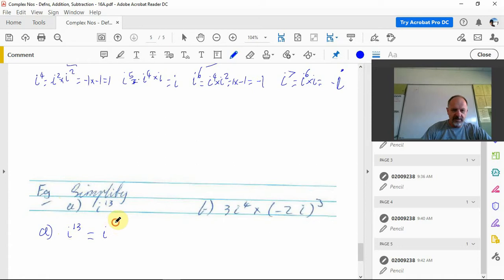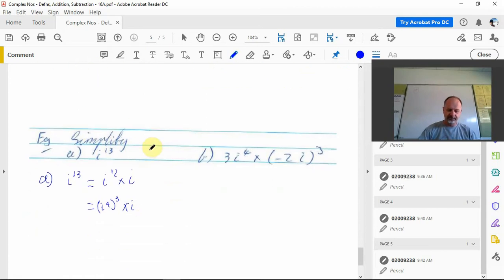Well, if we go i to the 12 times i, then the i to the 12, we know from here that i to the 4 is 1, and 4 3s are 12, so i to the 4 to the power of 3, again using one of those index laws in reverse. And so i to the 4 is 1, so that's 1 cubed times i, so i to the 13 is just the same as i.